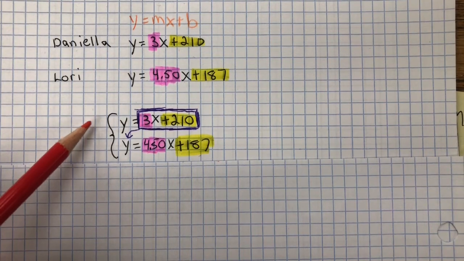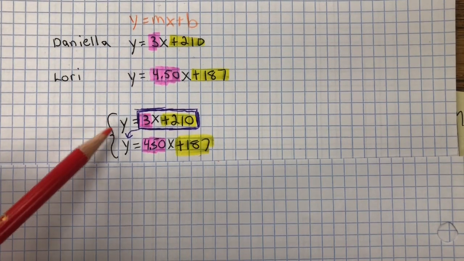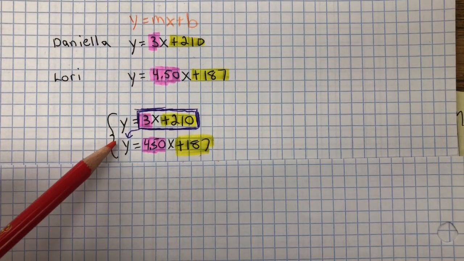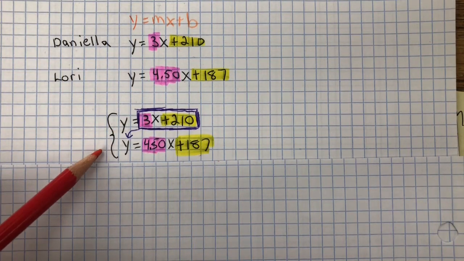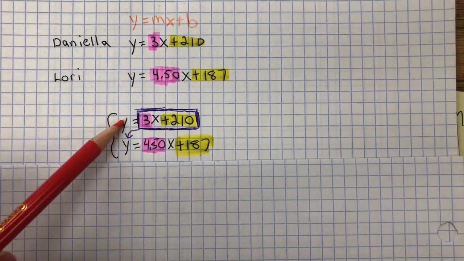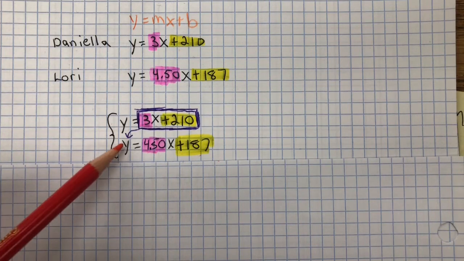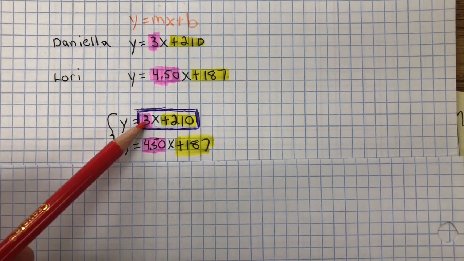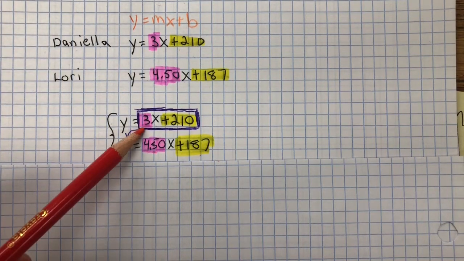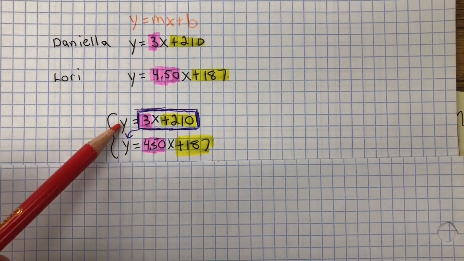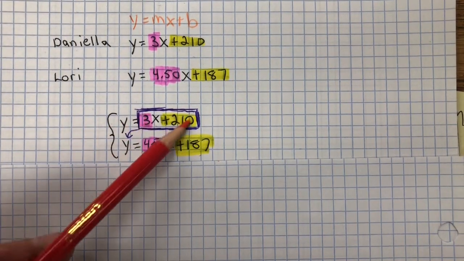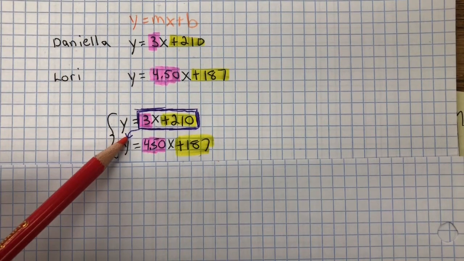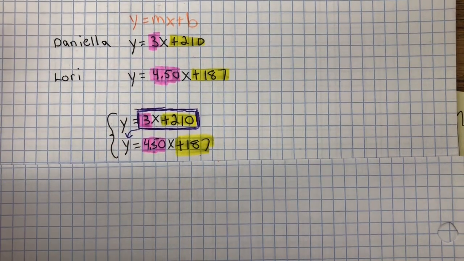This one's Daniela's and this one's Lori's. If they have the same amount of money, they will be equal to each other. Well, if this is what y equals, and this is y, we can substitute y with this value, because here it says y equals this. So if that's what y equals, we can plug it in for y here.